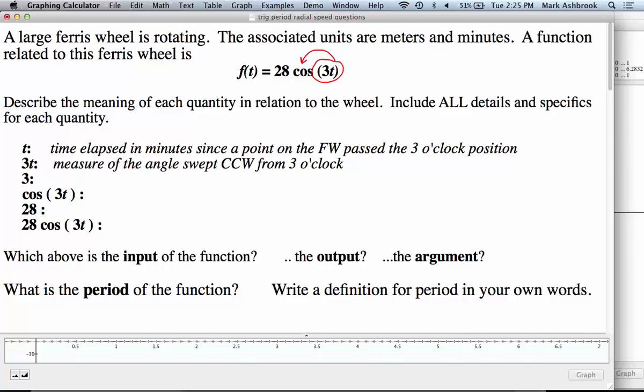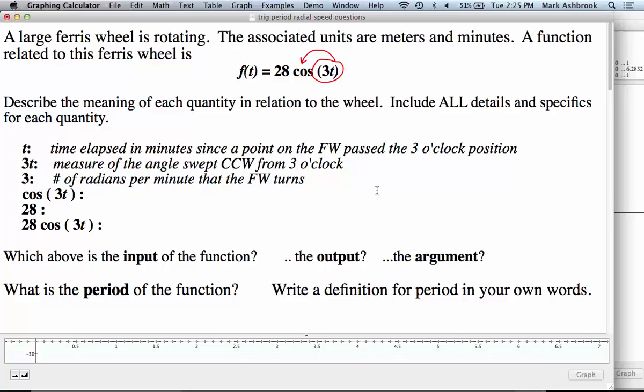Because if we have the number of minutes and 3t gives us the number of radians, then 3 must be how many radians it goes every minute. This is called the radial speed. So it's a speed, but it's measuring radians per minute instead of distance units per minute.